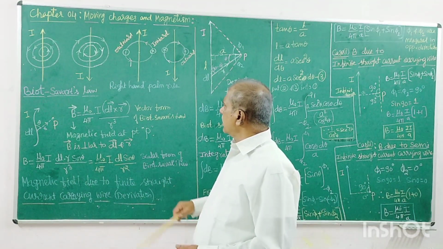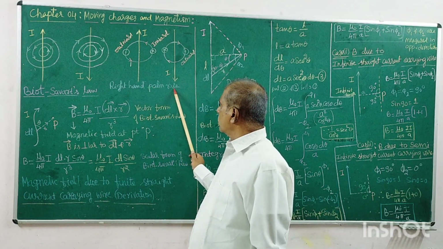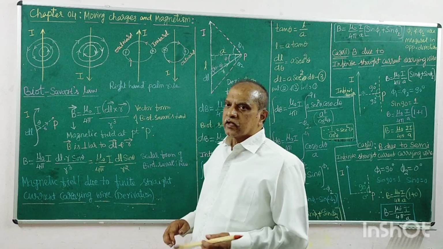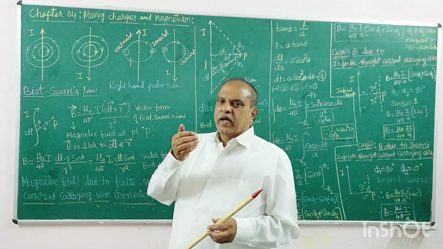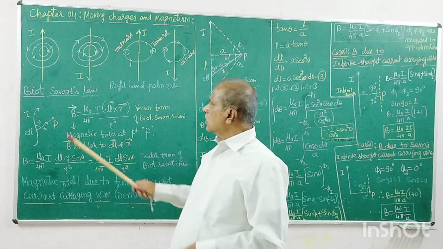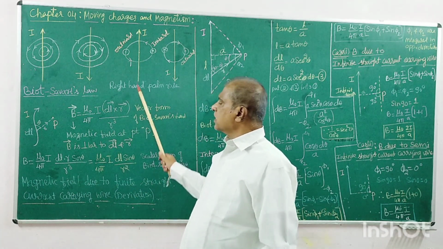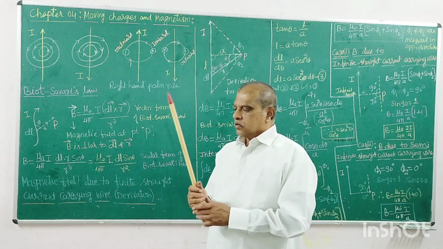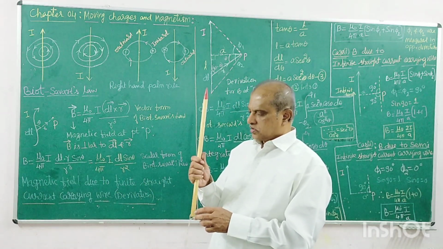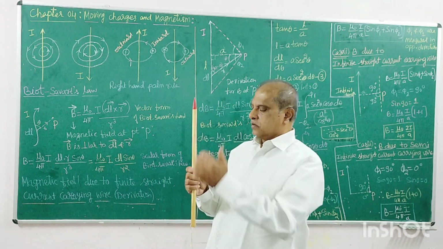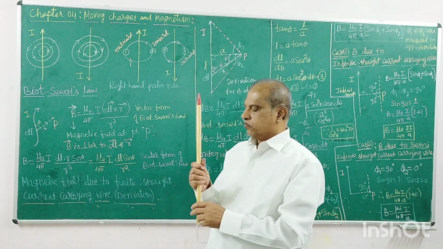What is meant by the right hand palm rule? Using this, one can give the direction of the magnetic lines of force around the conductor. What does it say? This is a conductor carrying current, with the direction of the current.